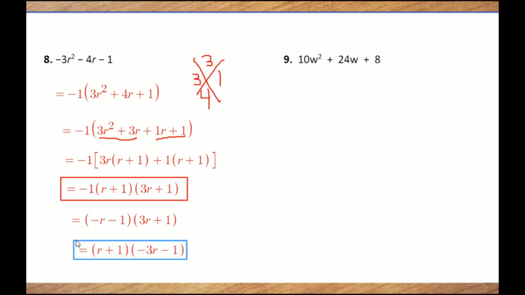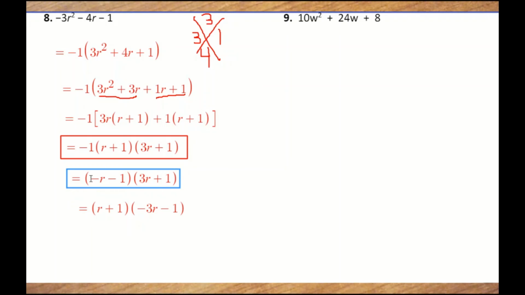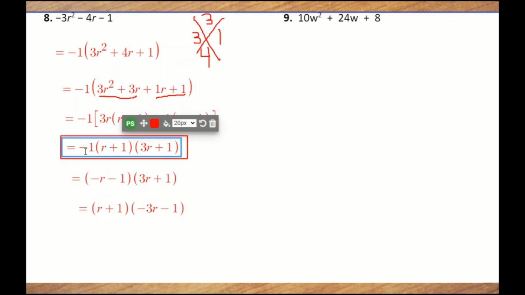In other words, one of those factors would have a negative distributed into it. So all these three, they're congruent, okay? They're equivalent. They're the same exact expression, except this one is probably the most factored out.